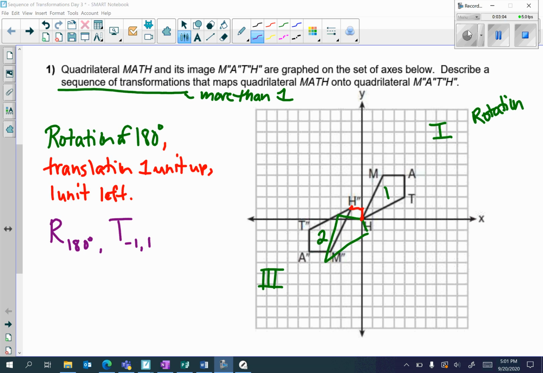Remember anytime I do a rotation, I have to say where it's centered at, and for here, our center of rotation is at H. So I have to make sure I write that down as well. So I'm going to say rotation of 180 degrees centered at H. So don't forget that part as well.